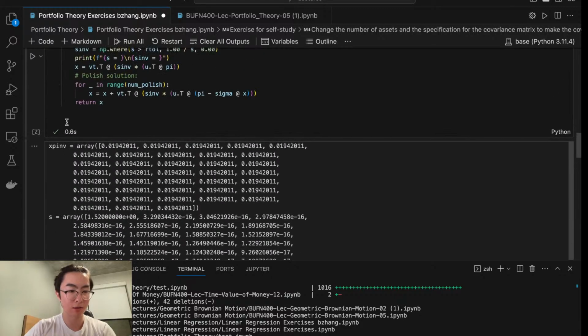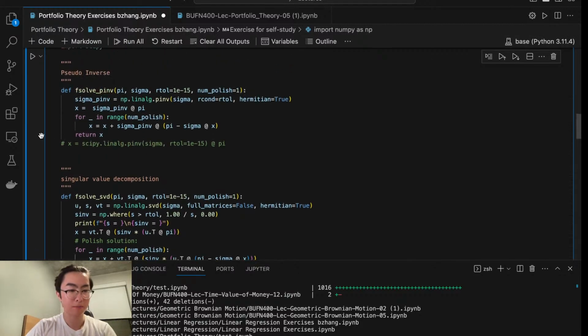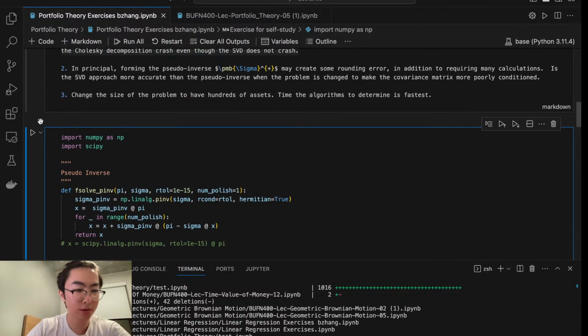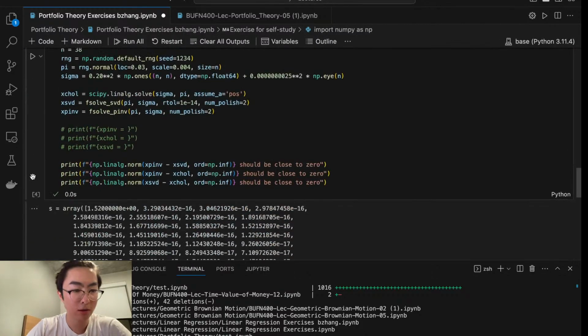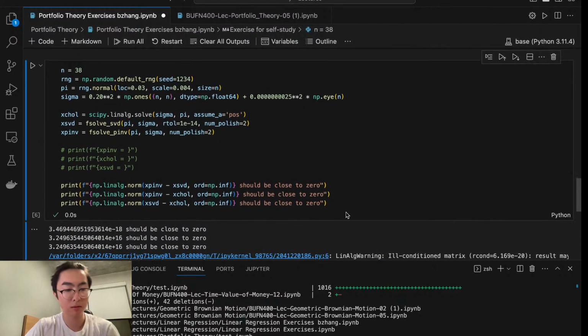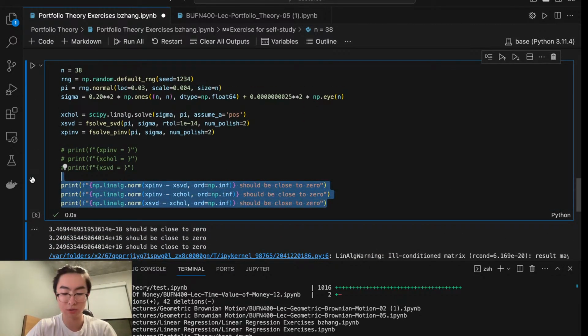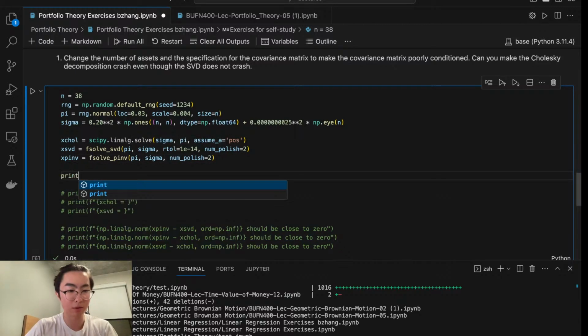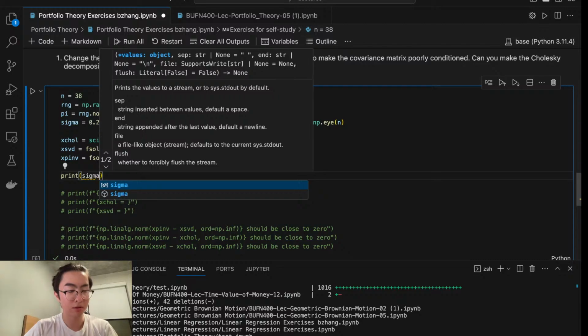Okay, yeah, I'm gonna delete those. Then also I kind of don't want this print statement here. Alright. So it is pretty close to 0. Okay, so what I really want to see is what is this sigma thing? So print sigma.